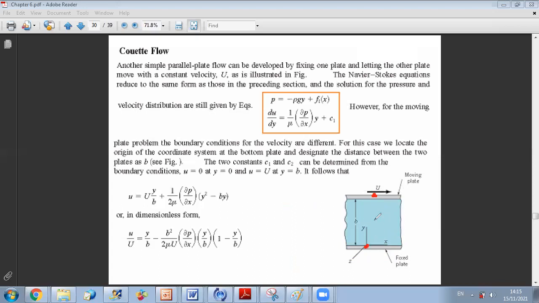Here, we don't have symmetry about the center because you don't have symmetrical conditions. Here, at the bottom plate the velocity u is 0, while at the upper plate, small u is equal to big U. Okay, so the difference is that we should change boundary conditions, and here they selected the frame to be at the bottom plate, so we can write that in this case for y equal to 0, u is equal to 0, while the second condition for y equal to b, which is the thickness between the two plates, u is equal to big U. So this will give us different constants, okay, and therefore a different profile.